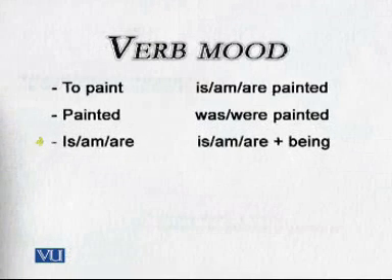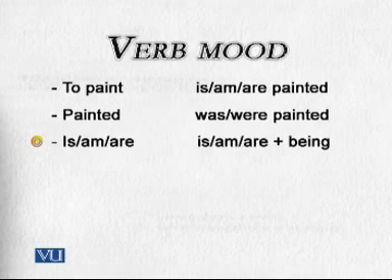Let's go down to activity where action is incomplete or in the process of completion. Over there, we have Aroma is baking. If there is is, am, are in your sentence, very simple, add being, B-E-I-N-G, you know, which is the present participle of the verb to be. Like Aroma is baking cakes, the passive will be cakes are being baked.